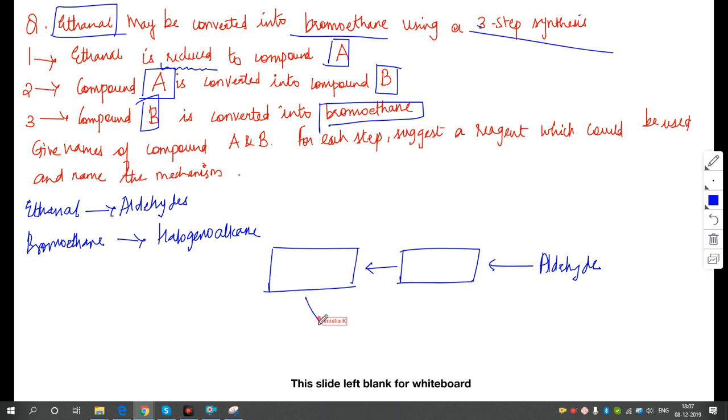And this compound gives me halogenoalkane. Do you see a link with this? Aldehyde giving something, and then to halogenoalkane.